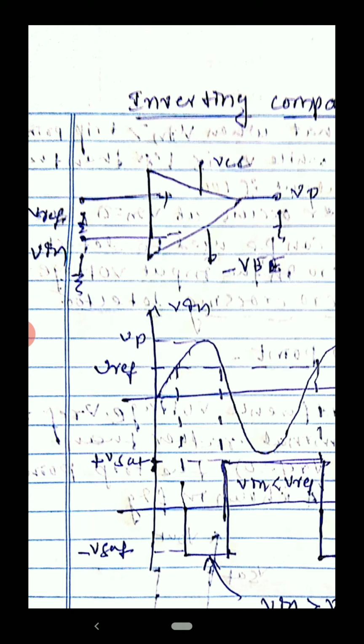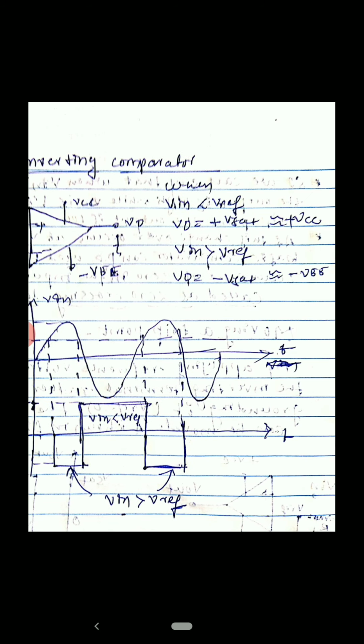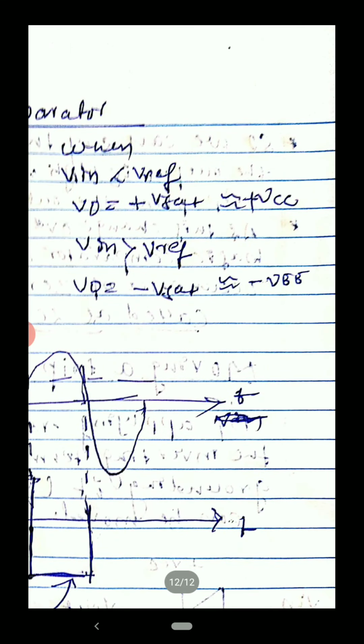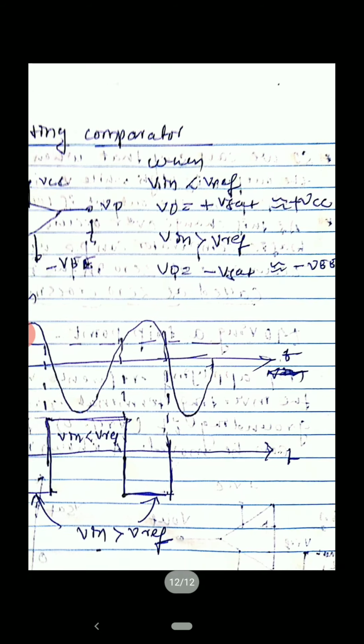Similarly, when V input is less than V reference, instead of minus V saturation, it will be plus V saturation. It will be exactly opposite to the non-inverting comparator. See here I have written it mathematically also. V input less than V reference, V naught equal to V saturation, nearly equal to VCC. V input greater than V reference, in that case it is minus V saturation, nearly equal to minus VEE.